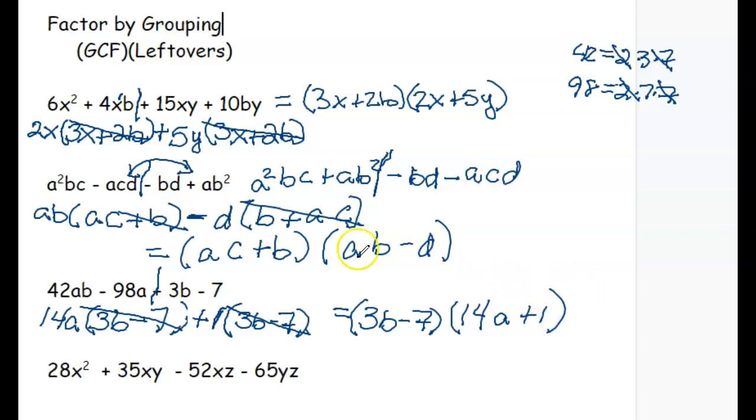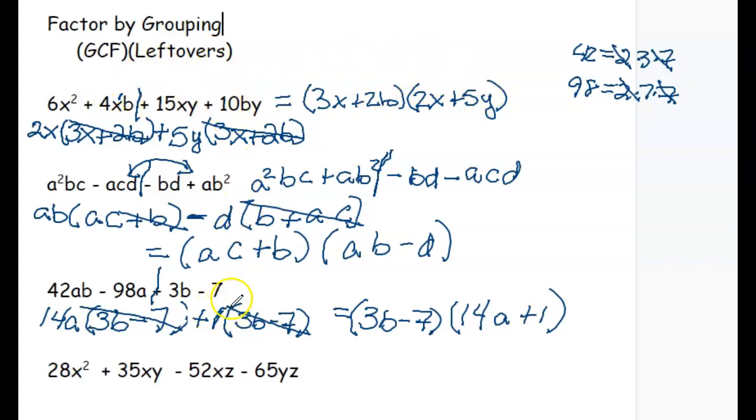Okay, so let me stop really quickly. When I have factored these, I should be able to go back through and FOIL and get this polynomial back. So 6x squared, 15xy, 4bx or xb, and then 10by.